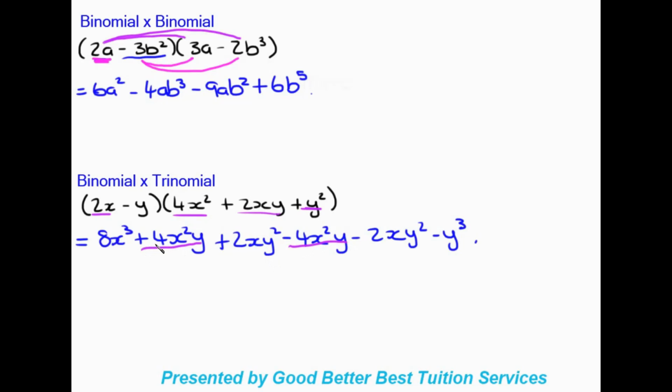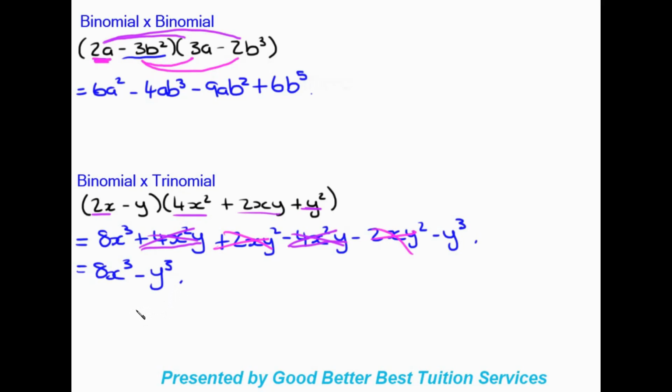So we know immediately, because they are additive inverses, they will cancel each other out. Look for any other like terms that might be about. We have positive 2xy squared and we have a negative 2xy squared. Once again, we know that these are additive inverses, so they'll cancel each other out. And so what we are left over with is 8x cubed minus y cubed.